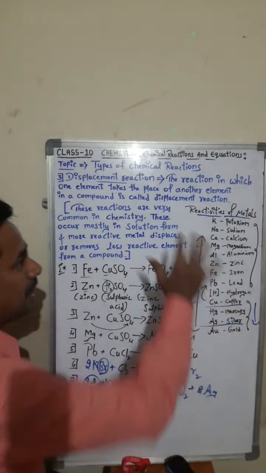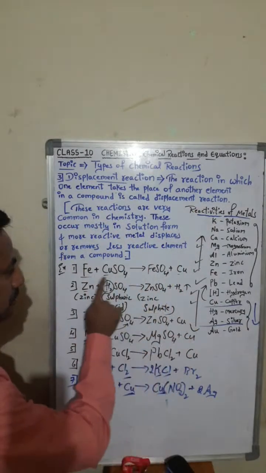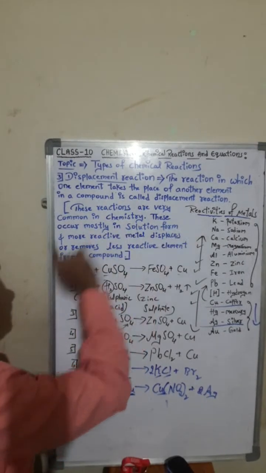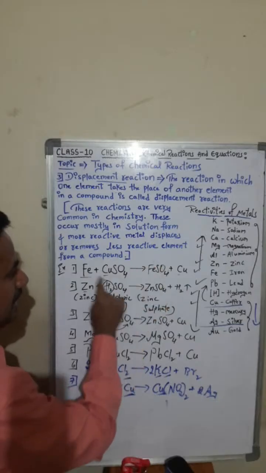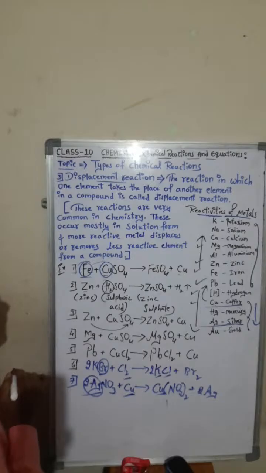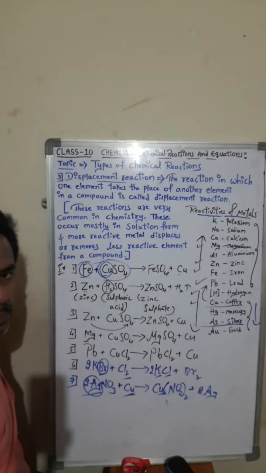So the definition of displacement reaction: the reaction in which one element takes the place of another element. So Fe is taking the place of another element in a compound, and that is called a displacement reaction.